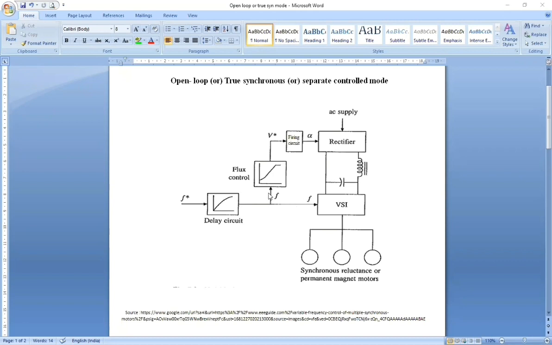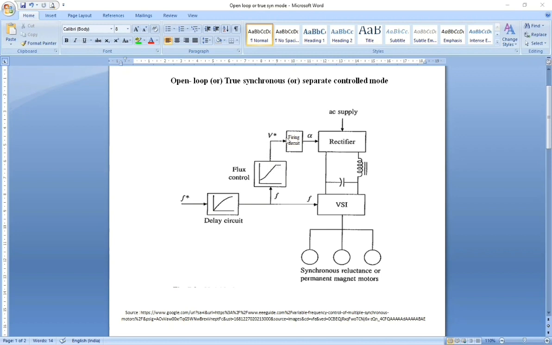The same frequency command is given to the function generator, which also does the flux control. The function generator generates the voltage in proportion to the frequency up to the rated frequency. After the rated frequency, the voltage is generated at the constant value, which is maintained at the rated value.